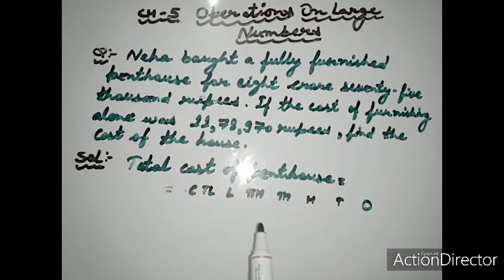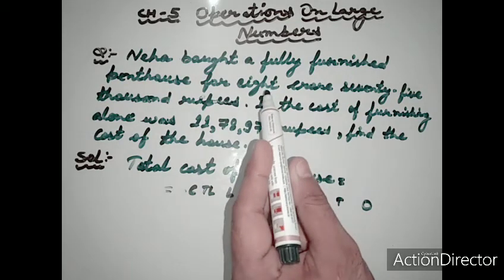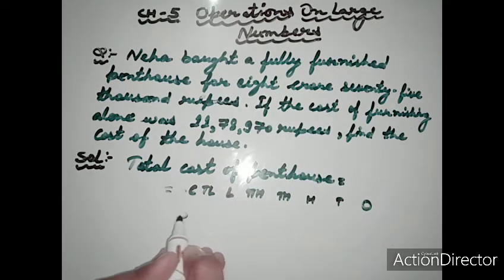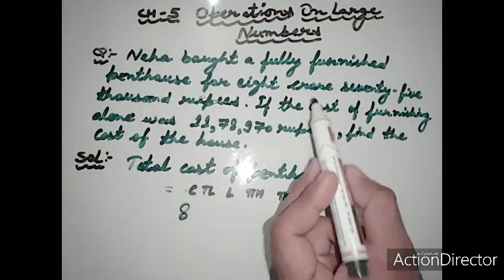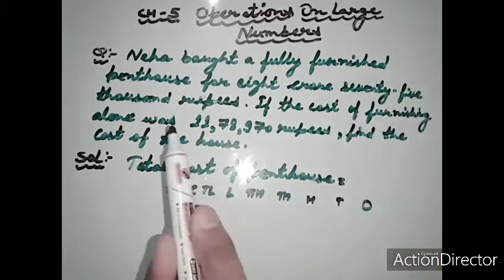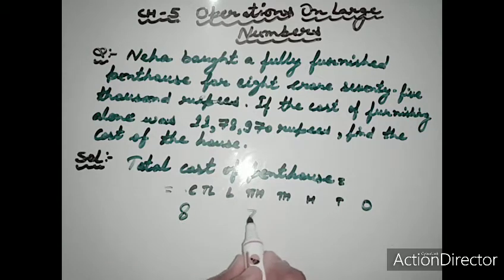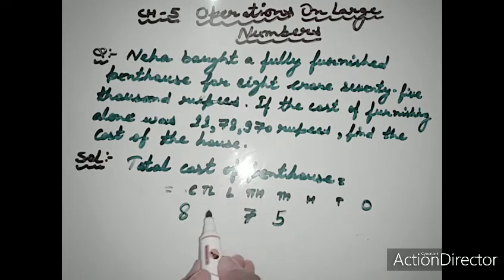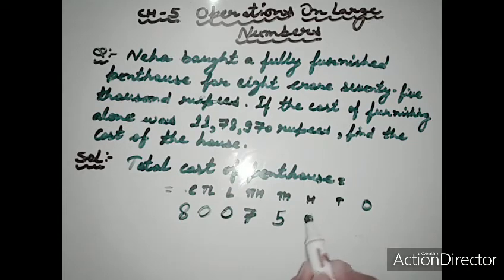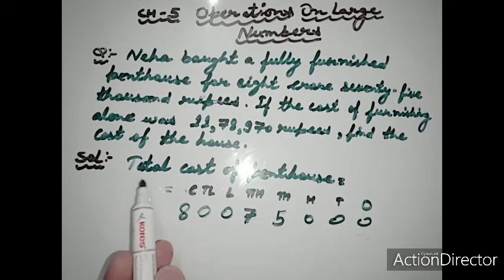Now we write the digits according to their places. 8 in the crore place, so here we write 8. 75,000, so here we write 7 in the 10,000 place and 5 in the 1,000 place. Now the other places are filled with zeros, right? So the total cost of the penthouse is equal to 8 crore 75,000.